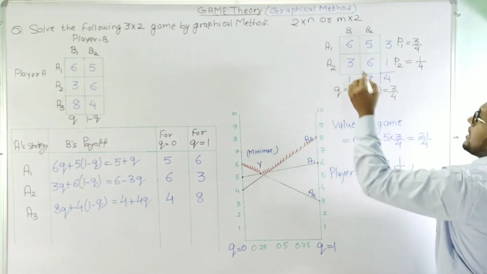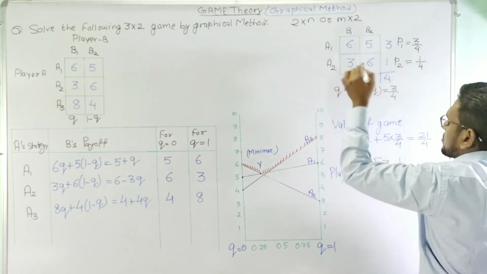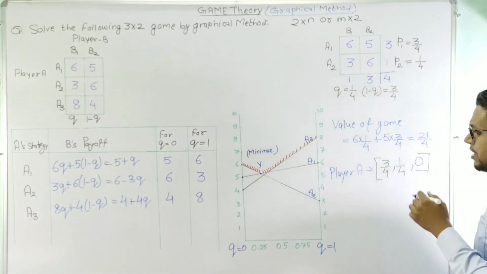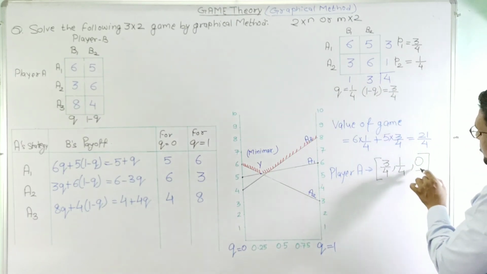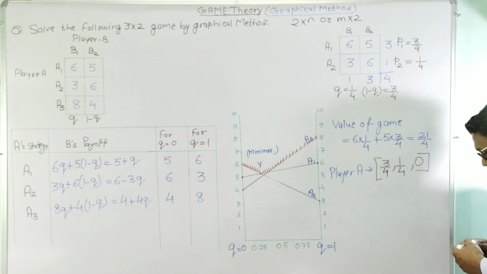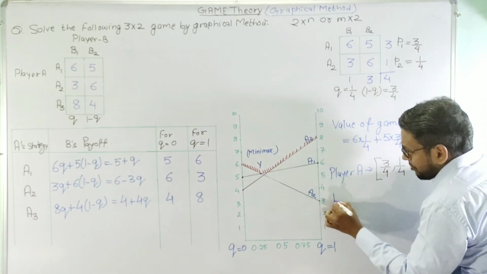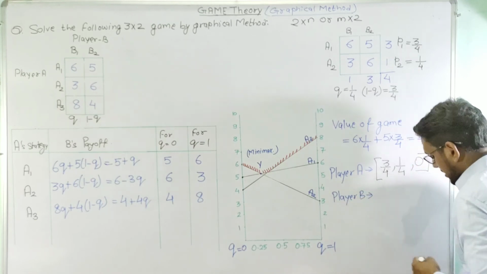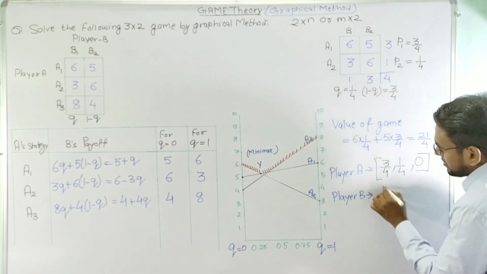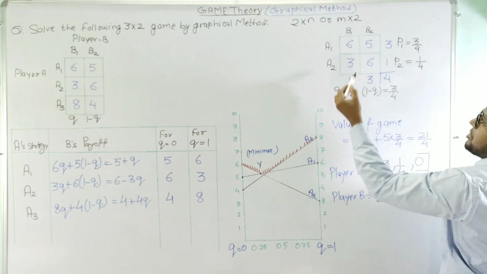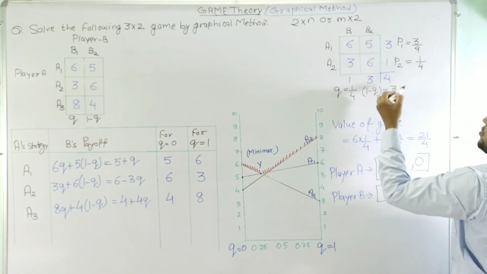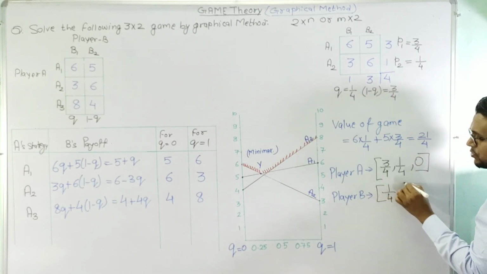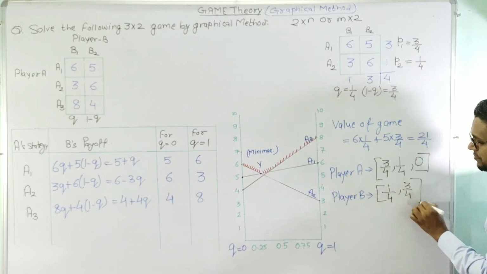And since A3 is not in this matrix, player A will play A3 0% of time, or we can say that player A will not play strategy A3. Similarly, we can write the optimal strategies for player B also. Player B can play b1 1 by 4 times and b2 3 by 4 times.